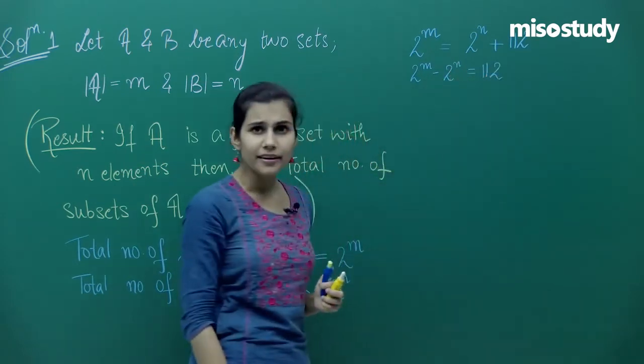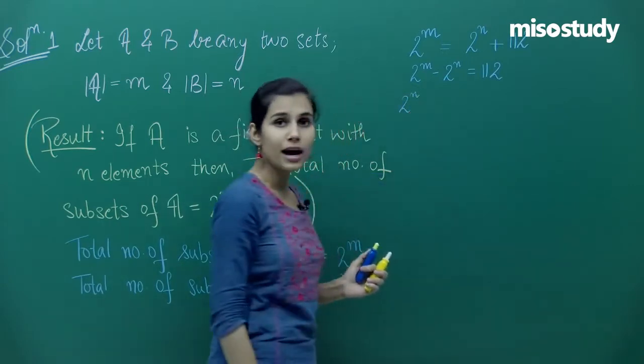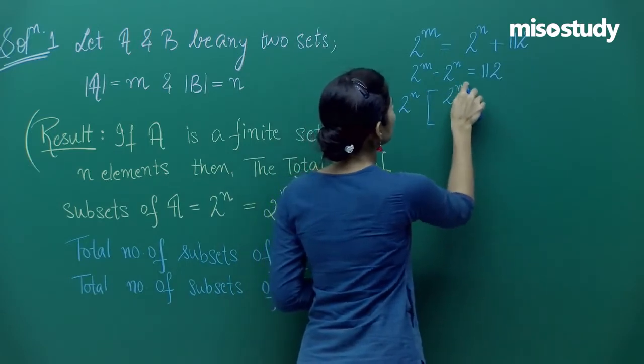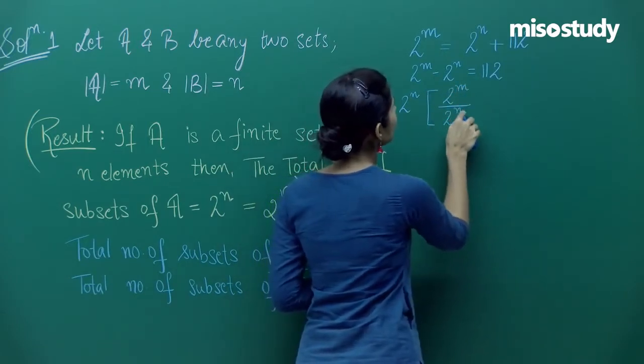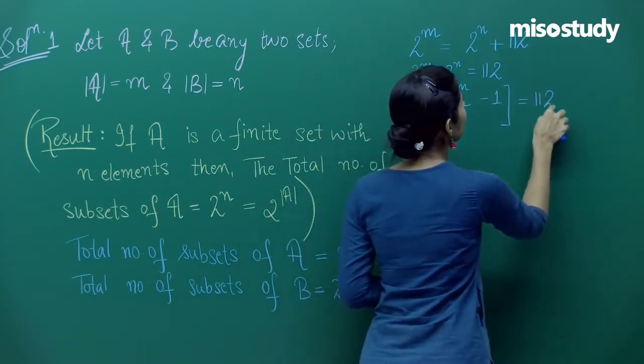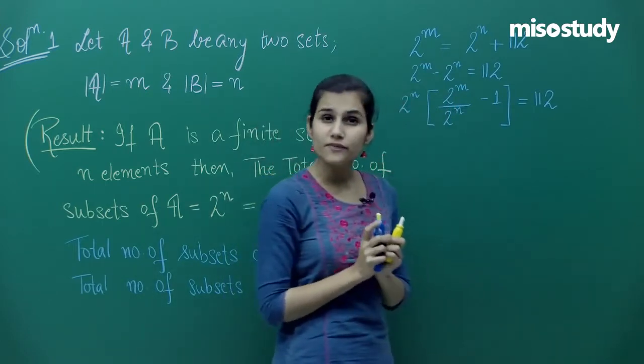Just bring 2 to the power n to the left hand side. Now my task is to bring 2 to the power n out common. What you are left with is 2 to the power n times, 2 to the power m upon 2 to the power n minus 1, is equal to 112. We all know how 112 is factorized.